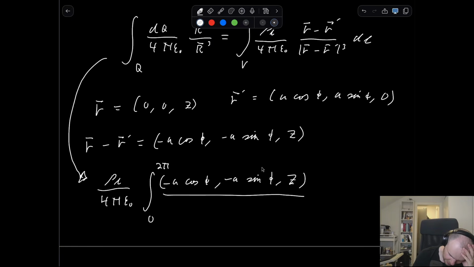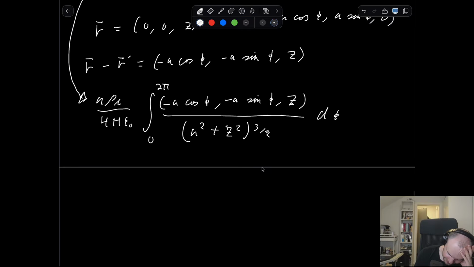Then we are dividing by a squared plus z squared, to the power of 3 over 2. And of course, it's like a linear transformation, but we are going from Cartesian to polar, and you have to compensate with the radius and d phi. That's just d phi, and then we can put a there just to make things more neat.